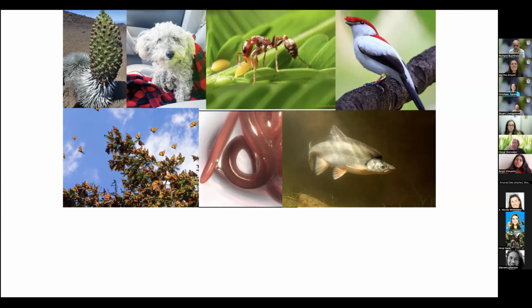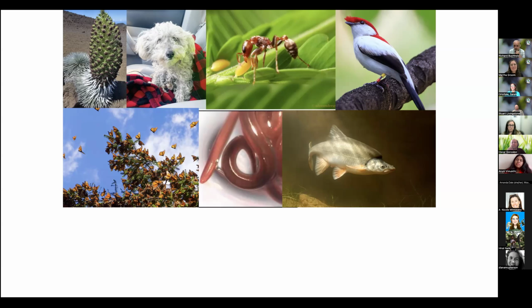And the eggs come out in the feces, are eaten by oligochaetes, freshwater worms, that then are eaten by an intermediate host, a small fish, that is then eaten by the definitive host, the bird. And so they have that sort of complex life cycle.